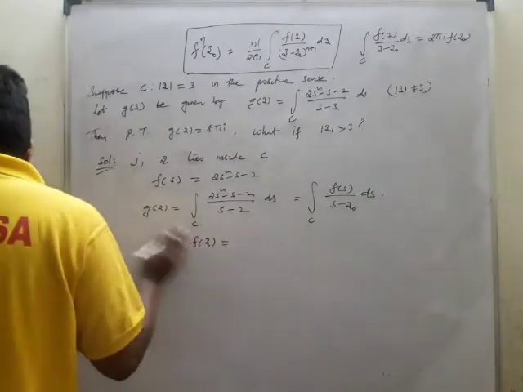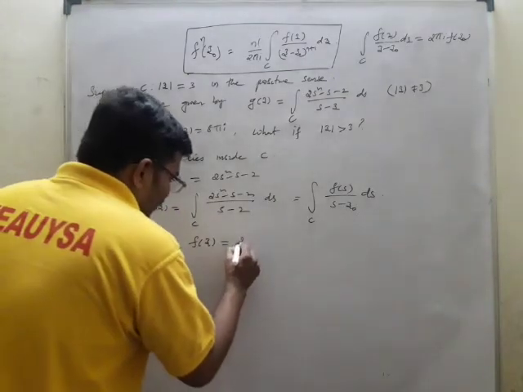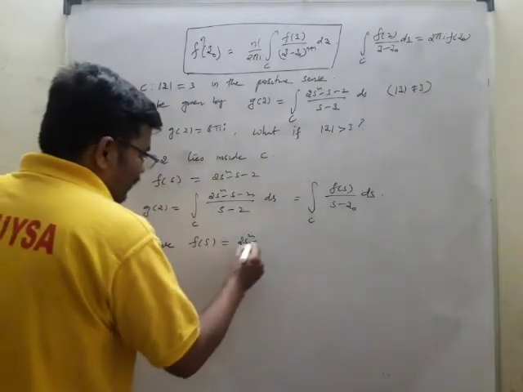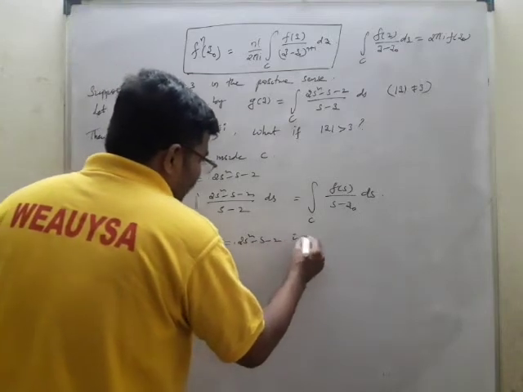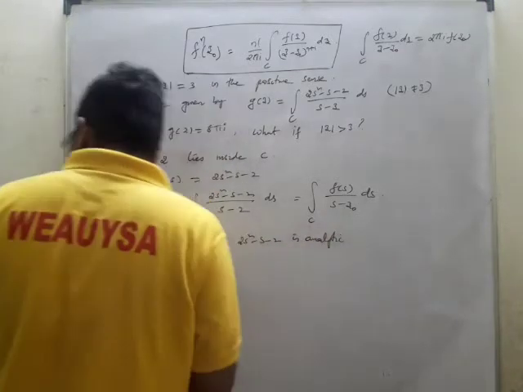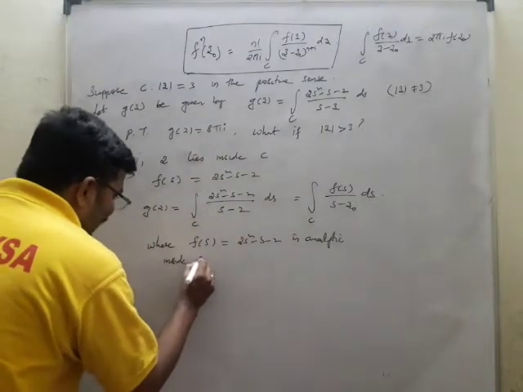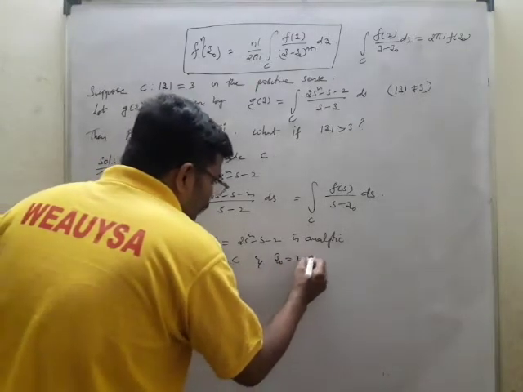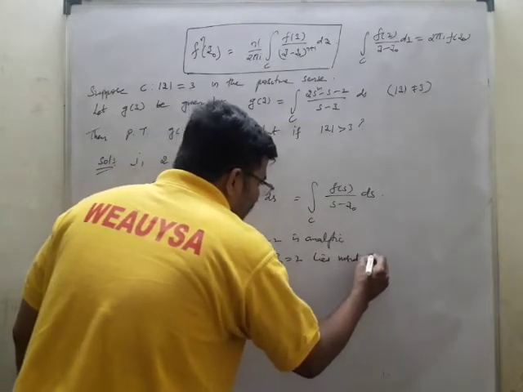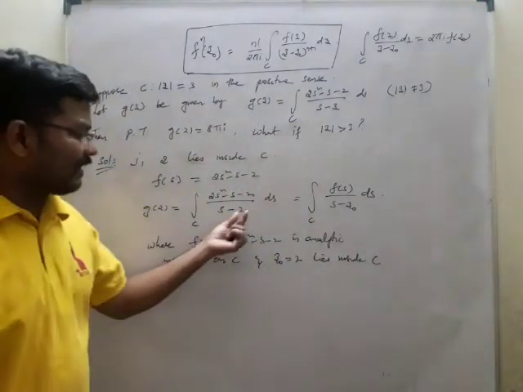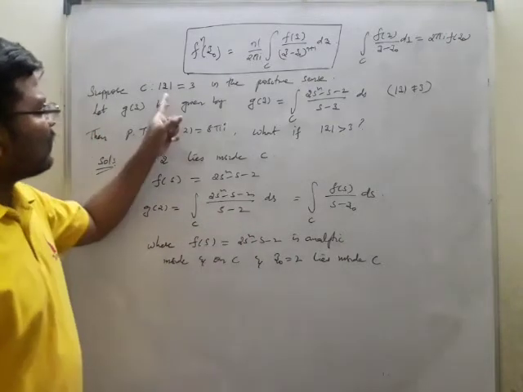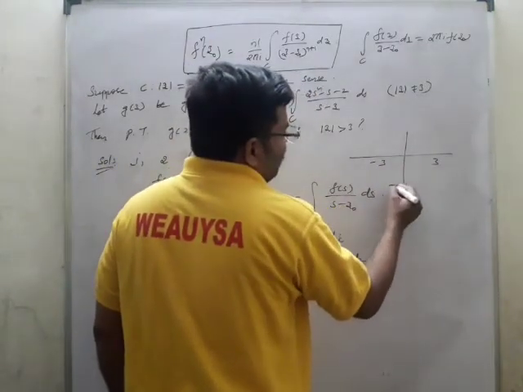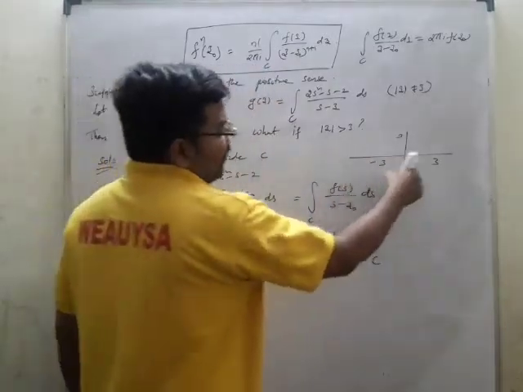Here f of s, 2s square minus s minus 2, is analytic inside and on C, and z naught equal to 2 lies inside the C, because mod z equal to 3 means the circle has radius 3 on the x axis and the y axis, minus 3 and 3.